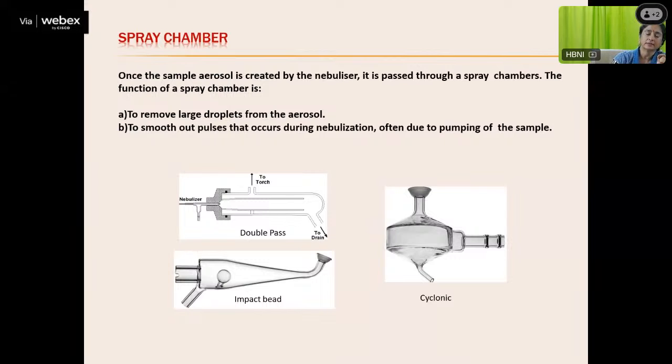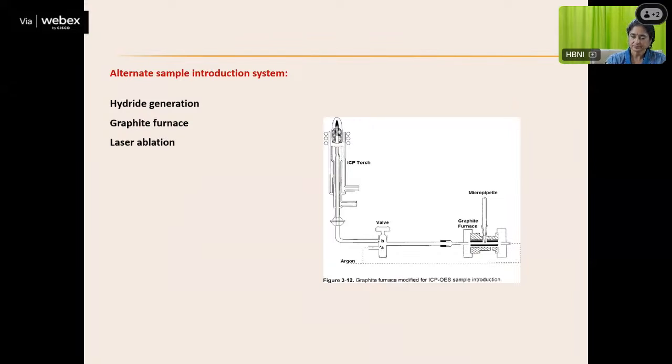If the particle size is very high, then the plasma will shut down. So you have to ensure that only fine particles go. After the nebulizer, they pass through a spray chamber, where they are further broken into small particles, and then they move into the source.